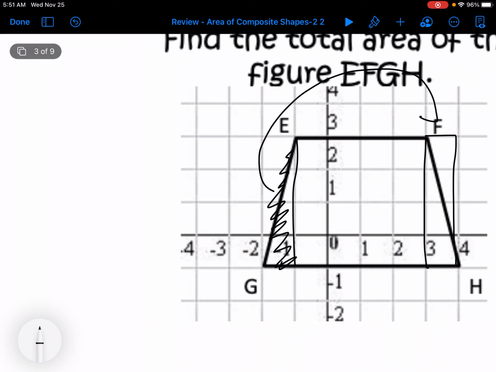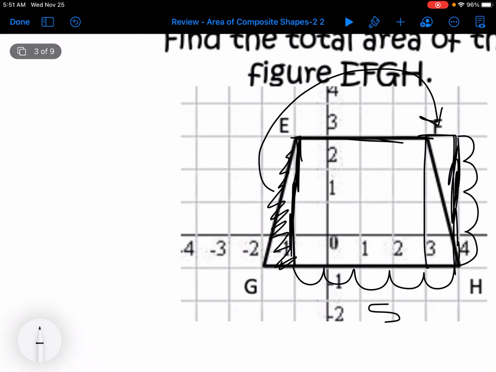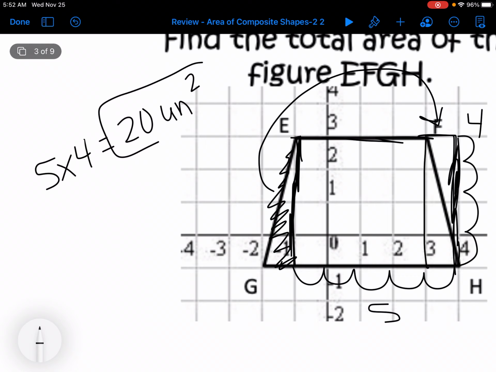So I moved it to here to create a rectangle. So I'm decomposing and rearranging. So now my shape is a rectangle. So I have 1, 2, 3, 4, 5 by 1, 2, 3, 4. So 5 times 4 is 20 units squared.